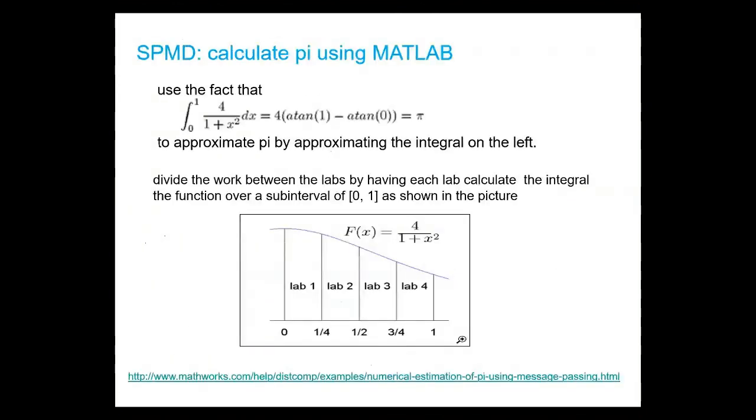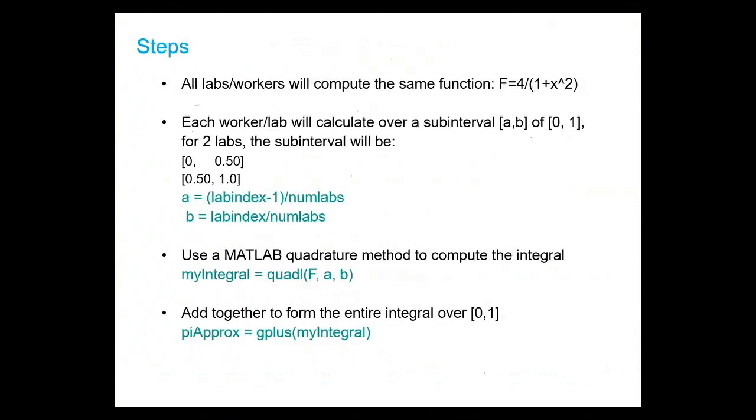And then the other one is in PCT. I think the major thing is SPMD, and the same example, calculating pi. The code is available on the MathWorks website. Instead of doing it the usual way, you follow your workers, which are called labs.